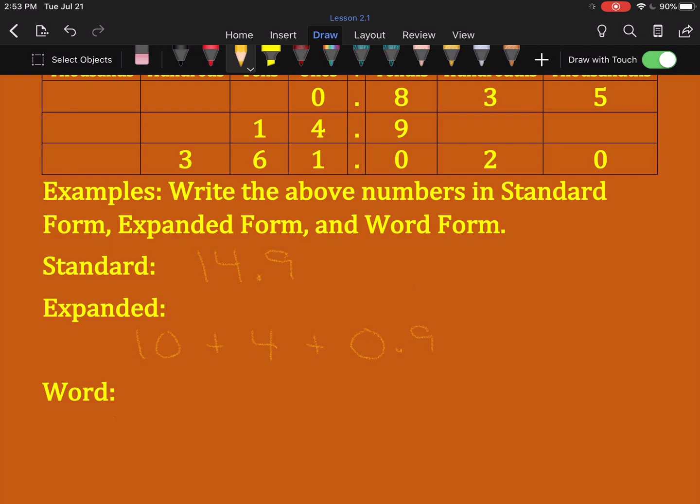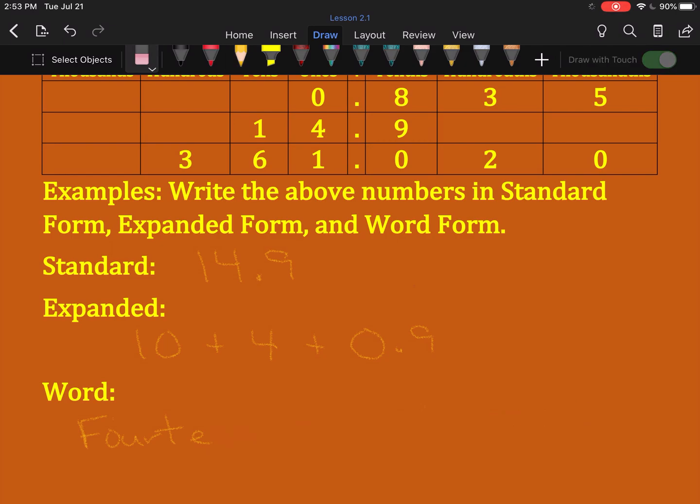In word form, this is 14 and 9 tenths. And when writing out in word form, the decimal point is said "and." So this is 14 and 9 tenths.